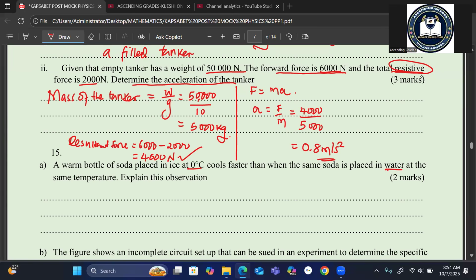So in this case, you can say that the ice absorbs latent heat of fusion.